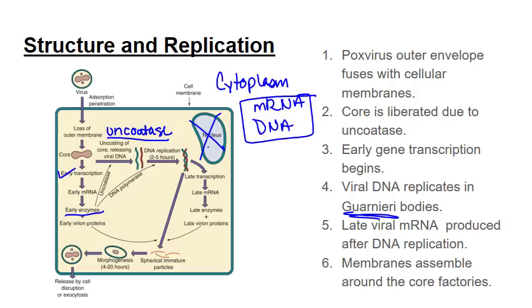And like I said, those are just little factories. Later, you're going to get late viral mRNA for structural virion and other proteins that are produced after DNA replication. So we do this DNA replication. It takes about 2 to 5 hours. Now we begin late transcription, and we use the late enzymes to create these late virion proteins.